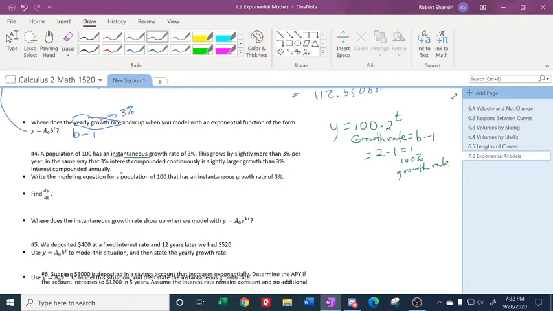Remember, if we did compound interest, hopefully you had this in pre-calculus class, if you had 3% interest compounded just annually, your effective interest rate is 3%. If you have 3% interest compounded twice per year, so semi-annually, you would get an effective interest rate of 3.01% interest. And if you compound it more and more often, it gets a little bit larger, but it stays really, really close to 3%.